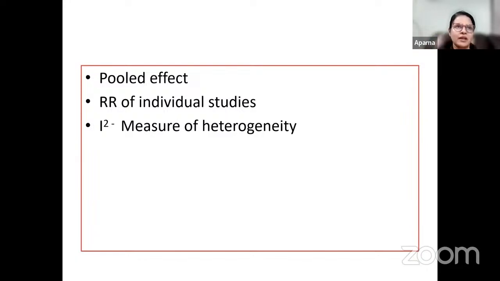High heterogeneity can be in the population, in the intervention tested, in the co-interventions, or in the type of measurement used for the outcome. So when heterogeneity is very high, it reduces the confidence on the total inference of the forest plot. And then we may also have to use something called the random effects model in preference to the fixed effects model if heterogeneity is very high.